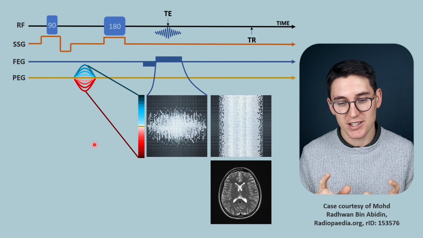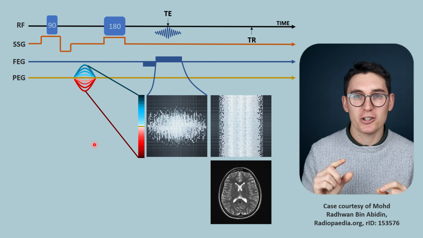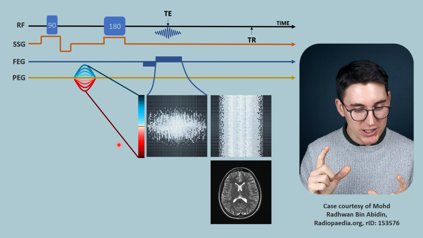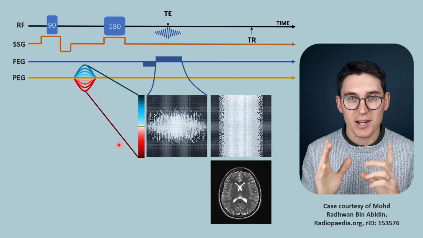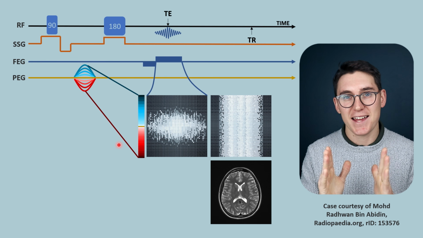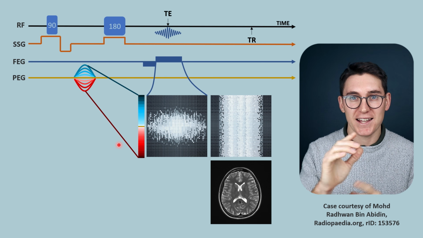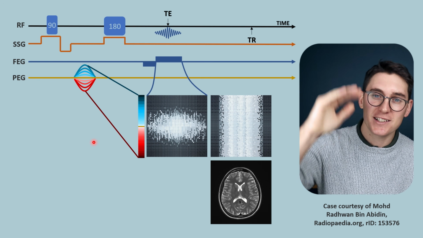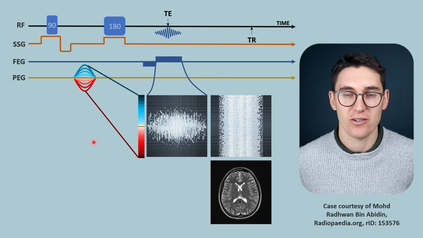If you are interested in this stuff, go through this lecture multiple times and make sure you have that understanding in your mind. If these concepts are too complicated and you don't have the time to fully understand this, understand that it's the degree of dephasing and the signal loss from that dephasing that determines where signal is located along the y-axis of our image.